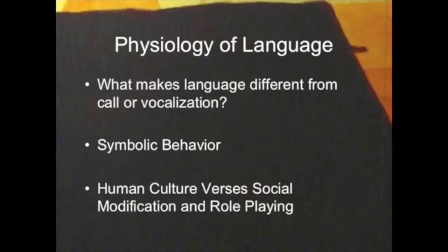So that's important, and language fits within that topic. The other quality that makes human beings very unique among primates is that we have a culture, and that as a culture, it is not grounded solely on the idea of social modification and role-playing. It is much more abstract than that in terms of how it is shared from one generation to the next.